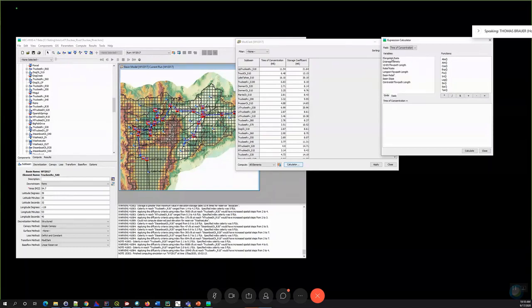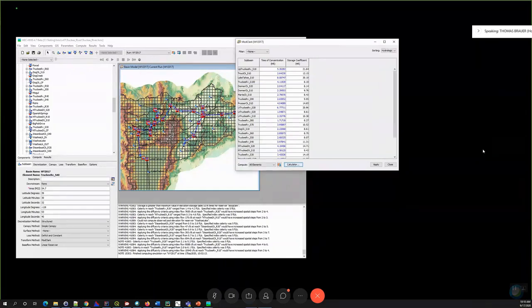I can do calculations based on statistics, so things like longest flow path. So if my time of concentration, let's just try it real quick. Time of concentration, or longest flow path, that's a good one. This is a dev version, so I hope it works. Well, that was actually pretty fast. So there you can see I've calculated my TC.